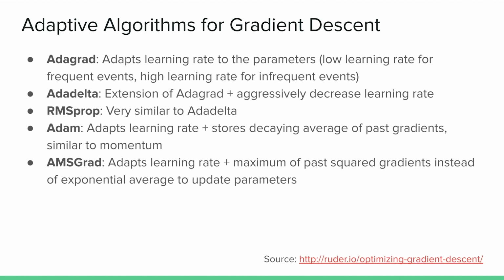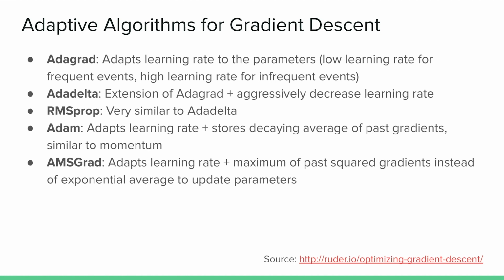And finally, AMSGrad adapts the learning rate and also computes some additional things to make sure of how these parameters work. But I have to say, it's really hard to give a good recommendation of which one of these works best.